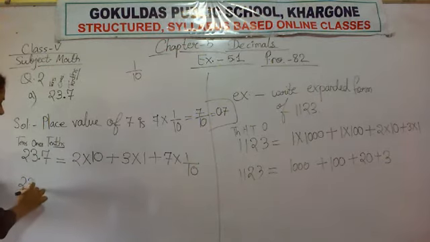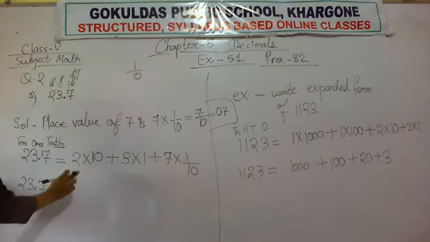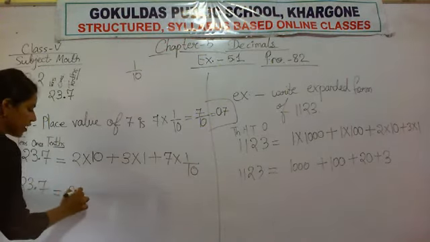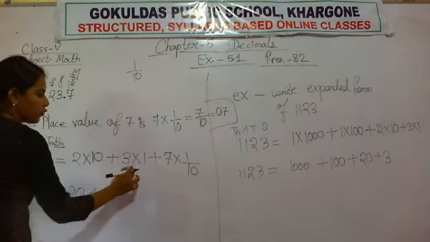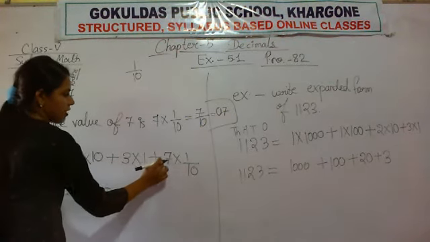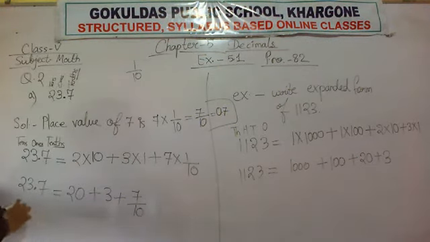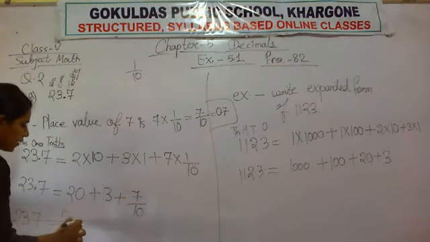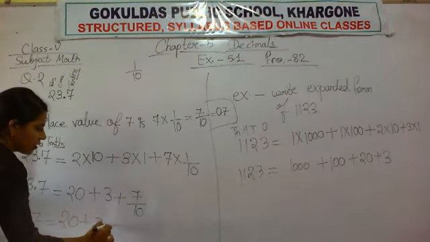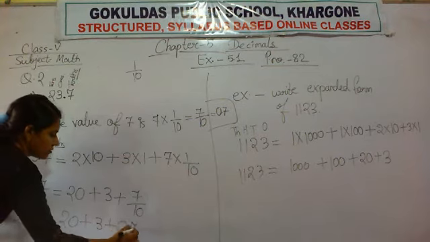So 23.7 is equal to 2 into 10 is 20, plus 3 into 1 is 3, plus 7 into 1 upon 10 is 7 upon 10. Now 23.7 is equal to 20 plus 3 plus 0.7.